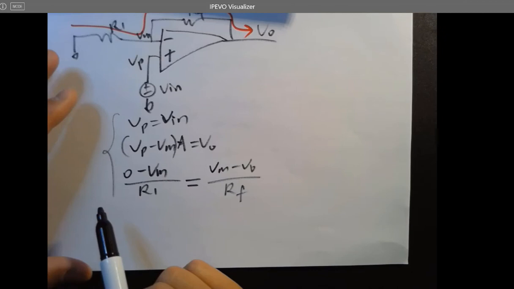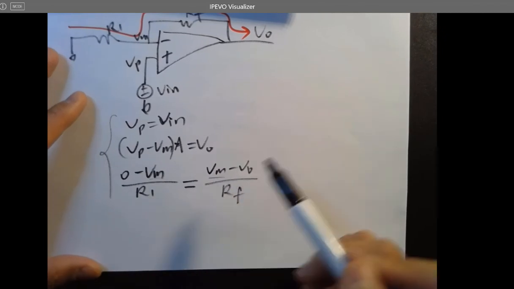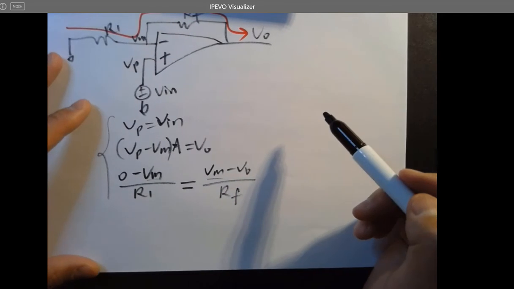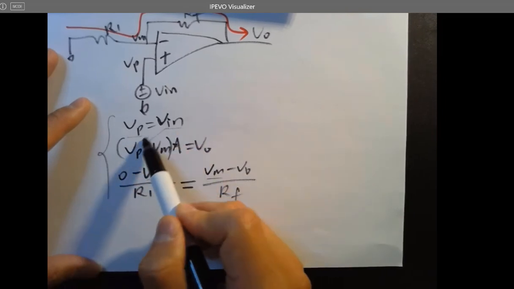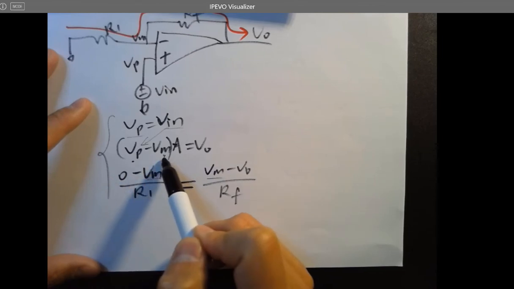But remember the strategy, right? We want to substitute VM over here so we can have VO and VI being separated from each other. And let's see. VP is V in, so we can put V in here to substitute VP. And you can calculate VM from there, okay?